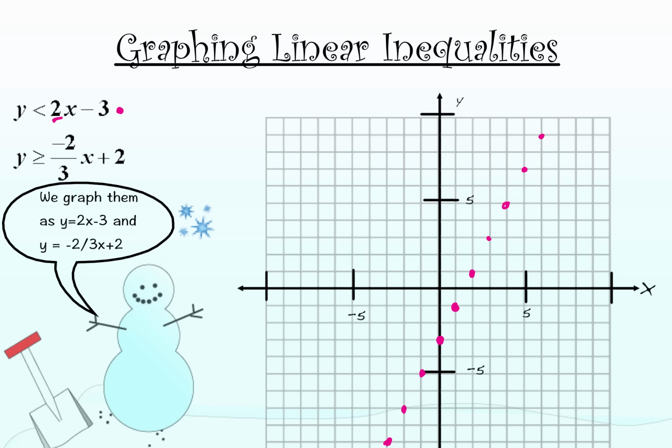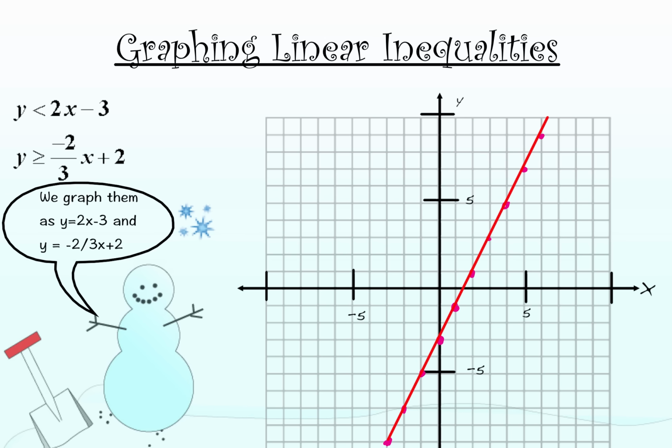Now the next thing we would do is we would normally draw a straight line. But if we were to draw a straight line connecting everything, that means that every point we just drew the line through works in this equation.